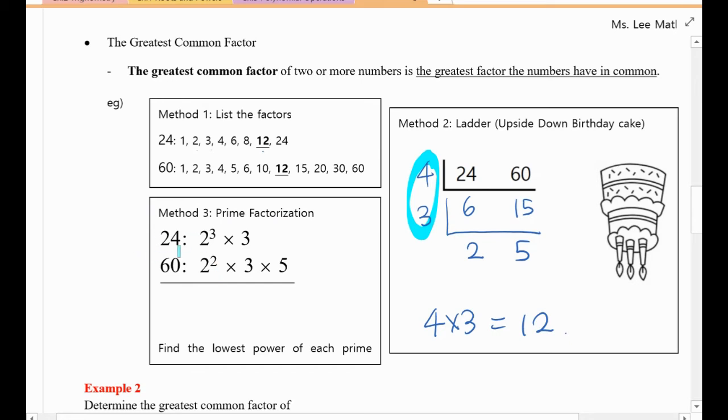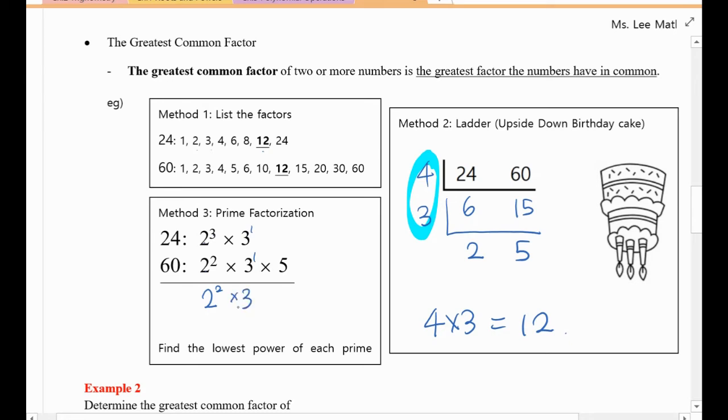So you find the prime factorization of 24 and 60 and find the lowest power of each prime. So compare those two. What's the lowest power, 2 cubed or 2 squared? 2 squared is the lower power. What about 3 to the power of 1 and 3 to the power of 1?